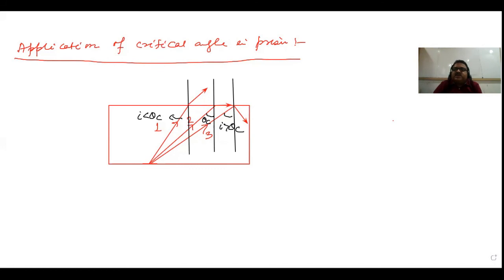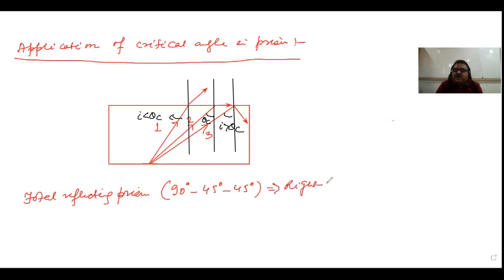So there is a type of prism called total reflecting prism, whose configuration is 90 degree, 45 degree, 45 degree. It is also called right angle isosceles prism.